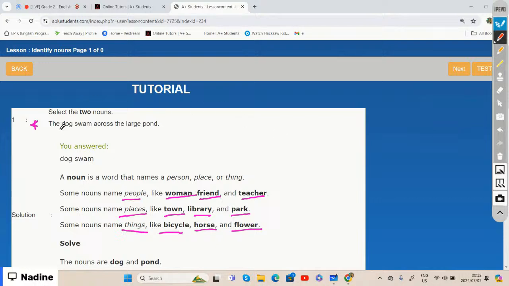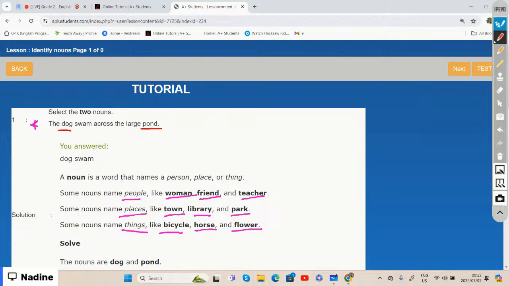And then we can say it is dog, which names a thing or an animal, like we would say, and a pond, right, which is also a thing that is identified. So that is the two nouns that we have identified. The dog swam across the large pond.